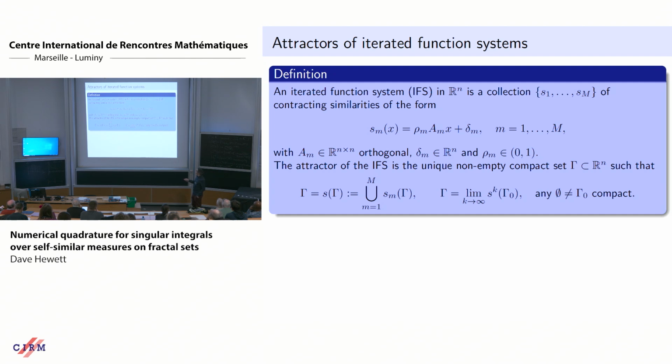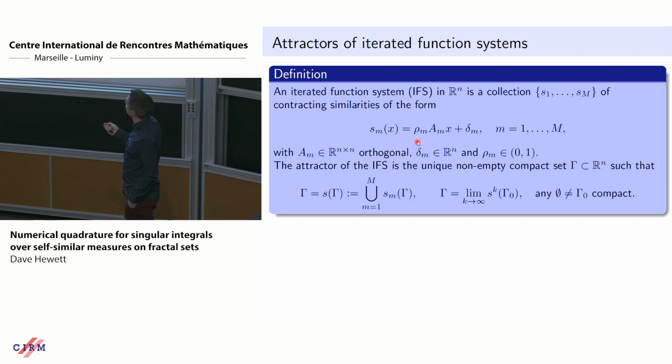So in this case, setting of R^n, I've got a collection of contracting similarities, and in that setting, you can write each contracting similarity as a composition of a multiplication by an orthogonal matrix A_m, some scale factor rho_m, which should be between 0 and 1, and then a translation vector delta_m. Okay.